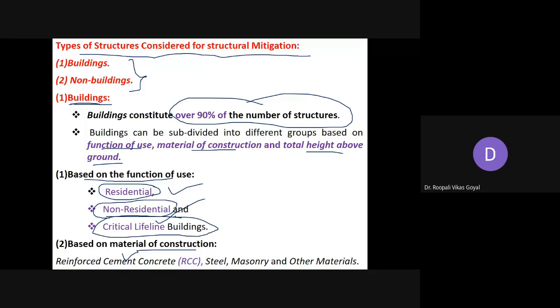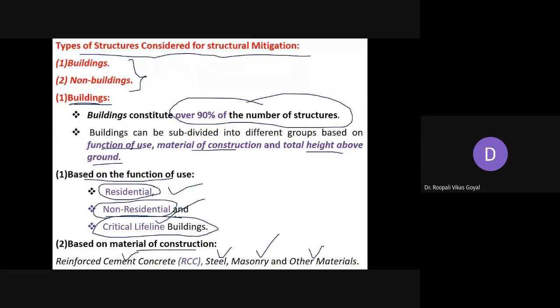Most buildings generally employ RCC structure. Then steel structure, and masonry structure. Masonry is nothing but the basic building material like brick and stone, along with mortar. Mortar is nothing but a mixture of cement and sand. So most buildings are RCC, steel, or masonry.